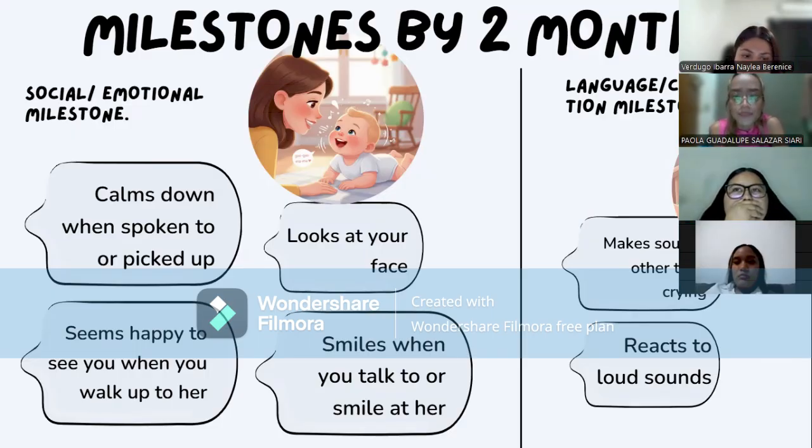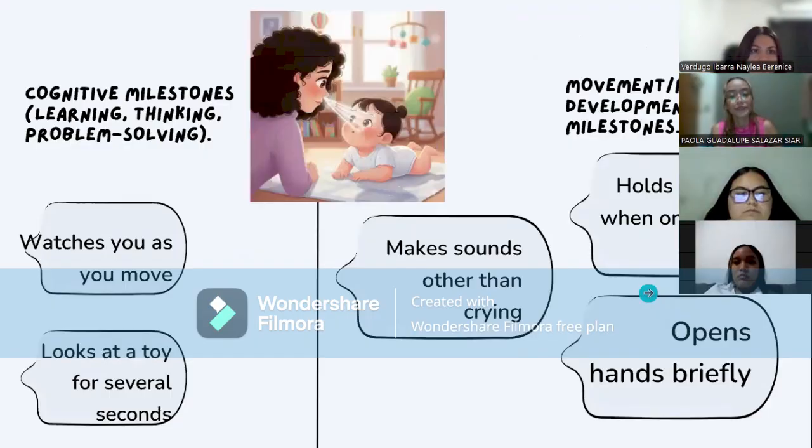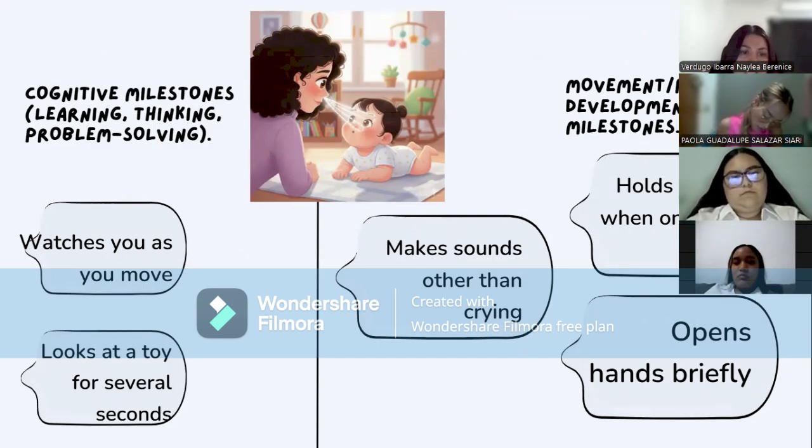In the language and communication milestones, we have: makes sounds other than crying and reacts to loud sounds. Cognitive milestone, learning, thinking, problem solving: watches you as you move, looks at a toy for several seconds.